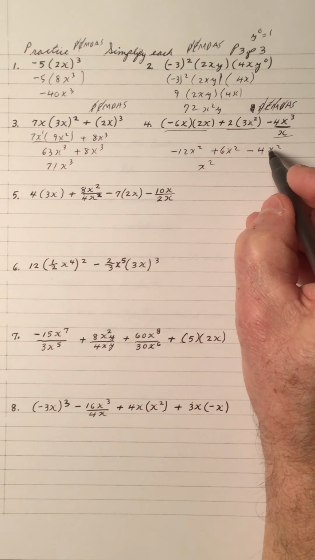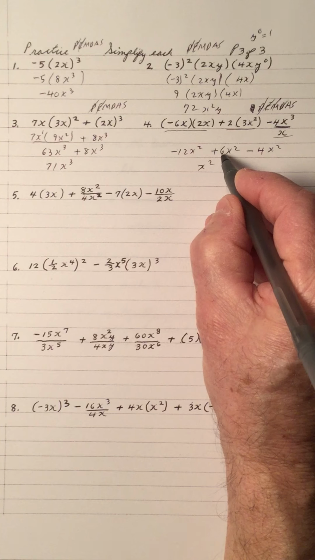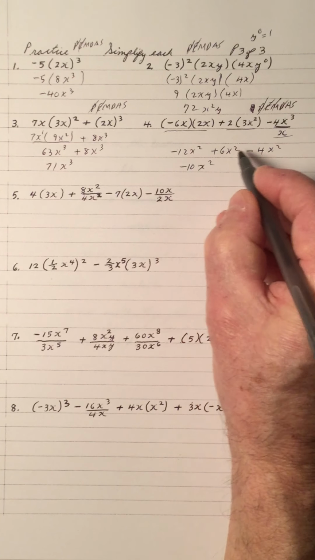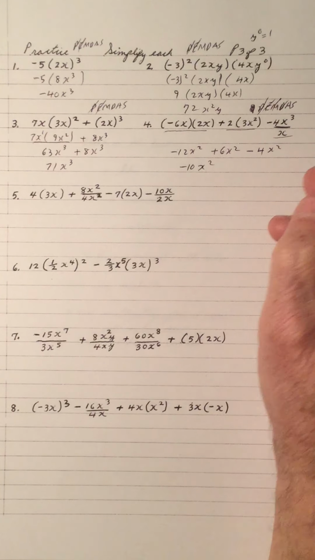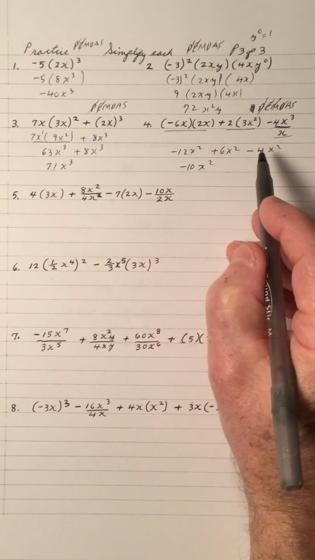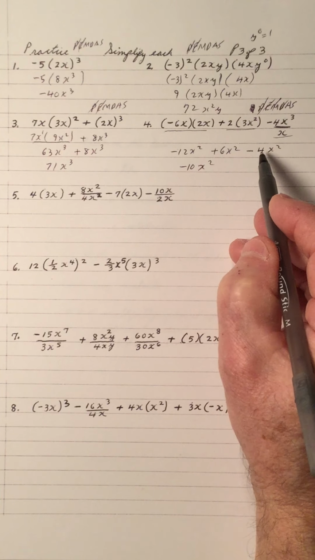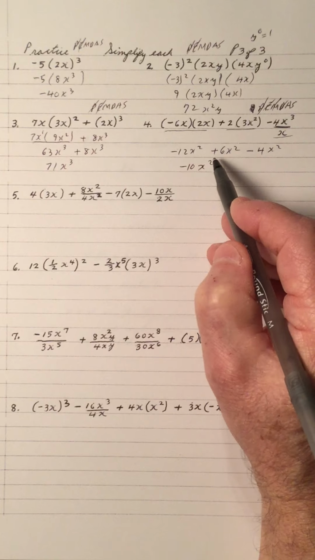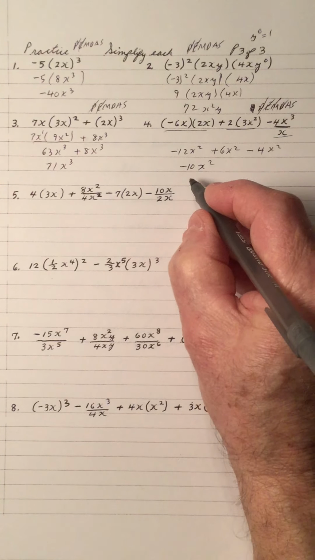And we get negative 12 plus 6 is negative 6. Negative 6 and negative 4 is negative 10. Now, if you want to go plus negatives, go ahead. But really, negative 12 and negative 4, you're adding them up. To subtract is the same as saying negative. So it's negative 16 and 6 is negative 10, either way.